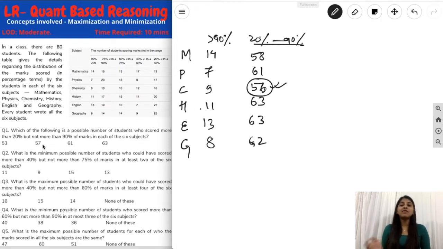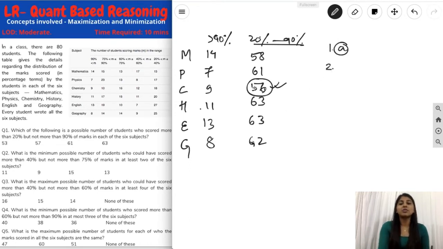So you cannot say 57 students scored between 20 and 90 in all the subjects. The only possible value here is 53. We have to take anything less than 56. So the correct answer for question number 1 is A.